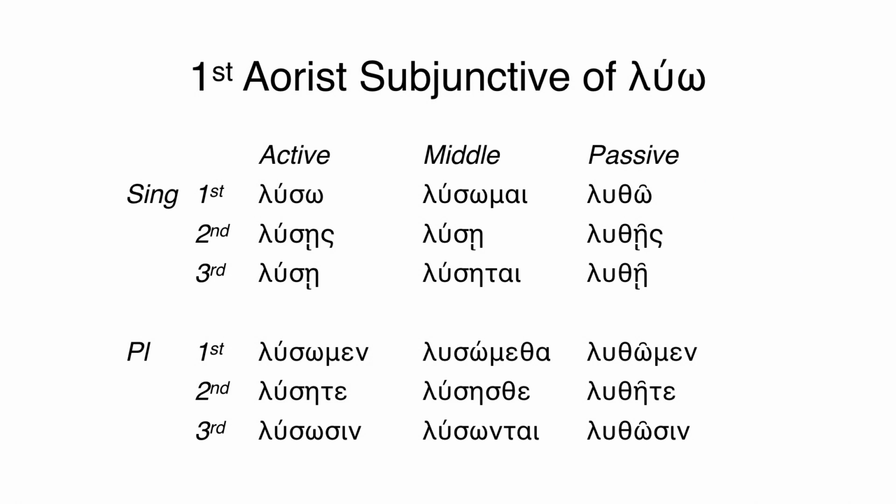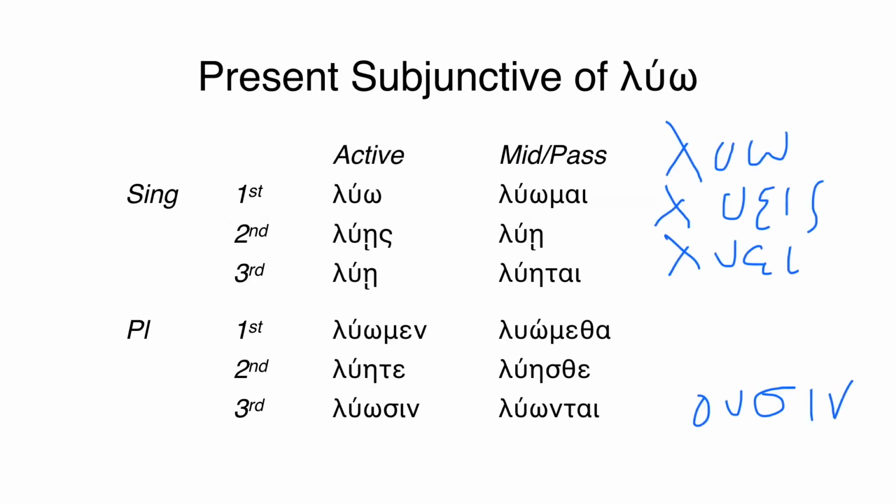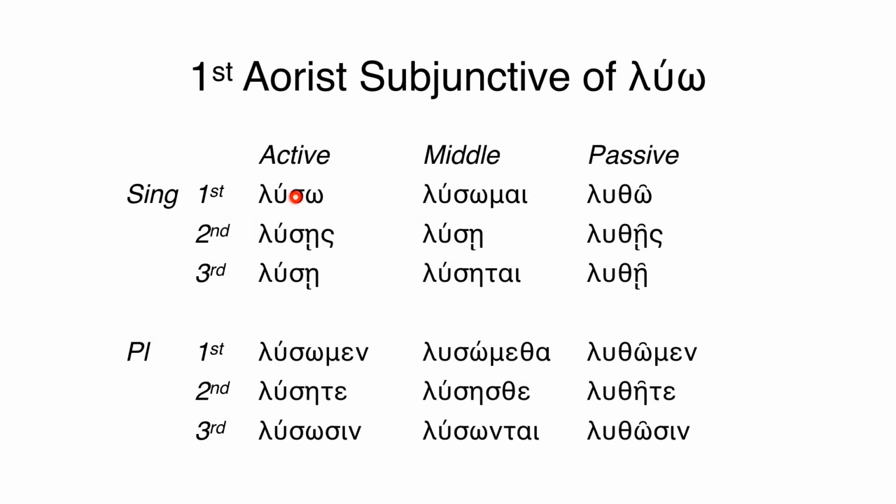Moving on to the aorist subjunctive of luo. These are formed in a very straightforward fashion as well. With the active and middle forms, all that's involved is taking the forms that we've just seen, these present subjunctive forms, active and middle passive, and supplying a sigma before those subjunctive endings.